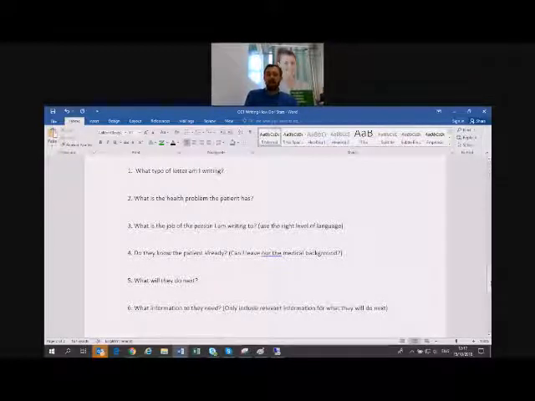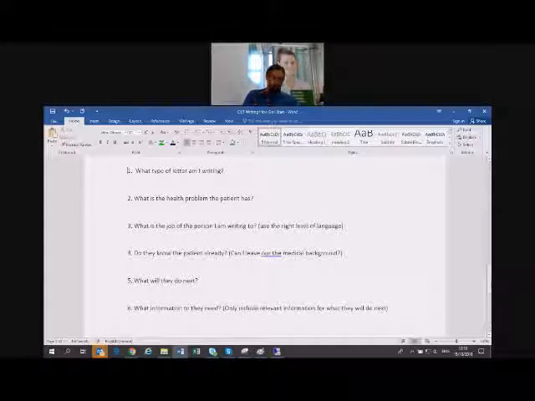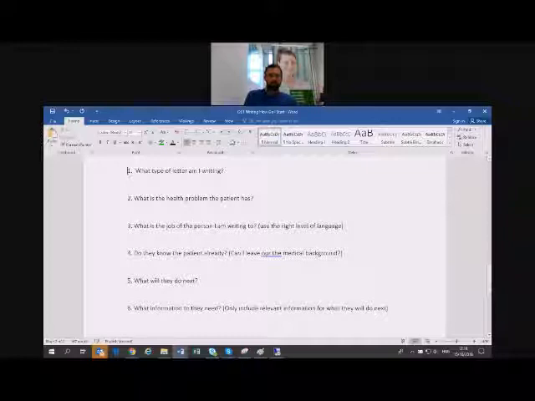Why are we writing about this patient? What's the problem that they have been suffering with? And then we need to think, well, has that problem finished? Is it something which is over now and they're being discharged and they're just having some rehab or something after an operation? Or is the problem getting worse and we're referring them to someone else for their professional opinion on it or their assessment?